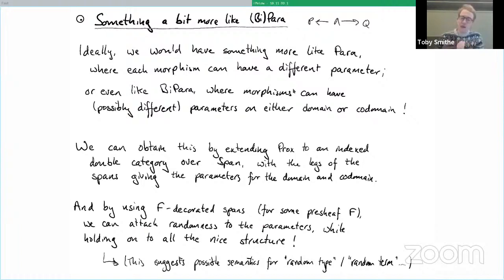At least in each fiber; it gets a little bit messier when we think about the general double categorical structure we get. I haven't really thought through all the double limits that we might have. But at least for now, this is suggesting possible semantics that would be suitable for the notions of random type and random term that I mentioned earlier.